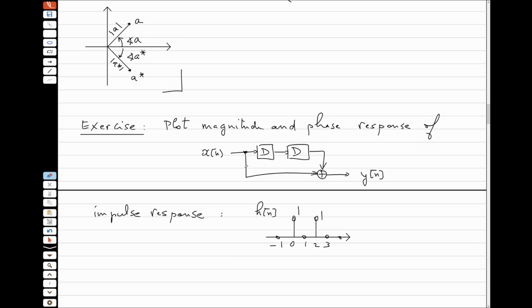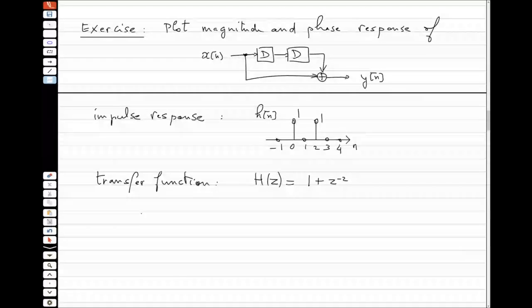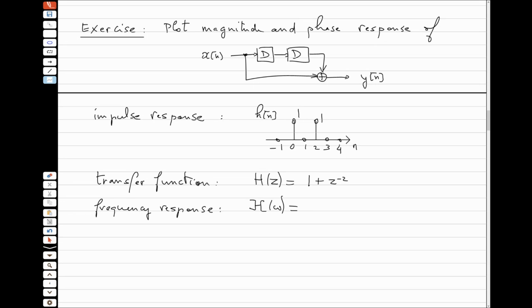You have 1 here, you have 0 here, you have 1. What is the transfer function? H of z is 1 plus z to the minus 2. What is the frequency response? H of omega is this, where z is replaced by e to the j omega.